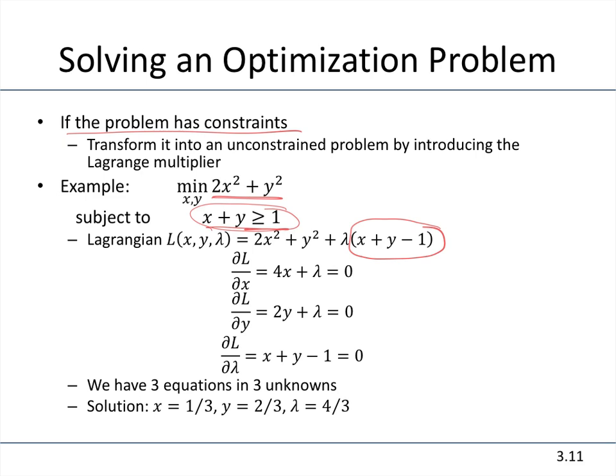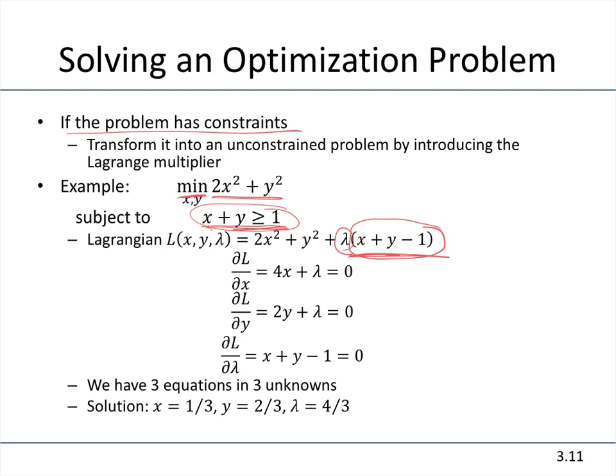So I can take this constraint, take everything on one side and make the other side 0. When you minimize, this has to be greater than, and when you maximize, this has to be less than. So we say x plus y minus 1 is greater than 0, then take that part, put it in the objective, and multiply it by what they call the Lagrangian multiplier.